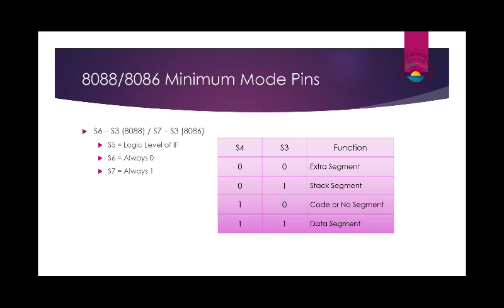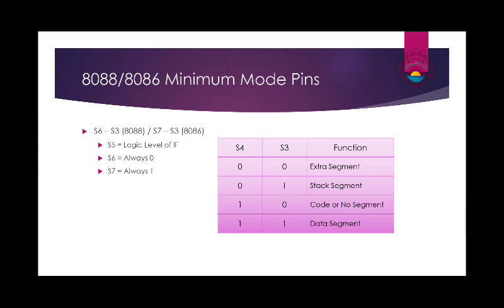Next status signal is S5. S5 shows the logic level of interrupt flag. If interrupt flag is having logic 0, then S5 will be having logic 0. If interrupt flag is at logic 1, then S5 will be at logic 1. S6 will always be at logic 0, and S7 will always be at logic 1. So what is the purpose of S6 and S7?